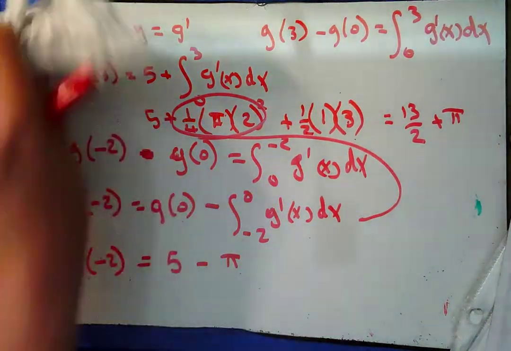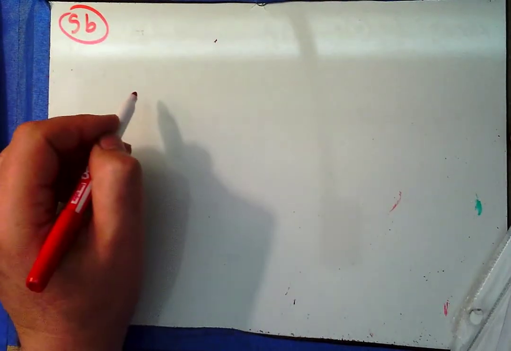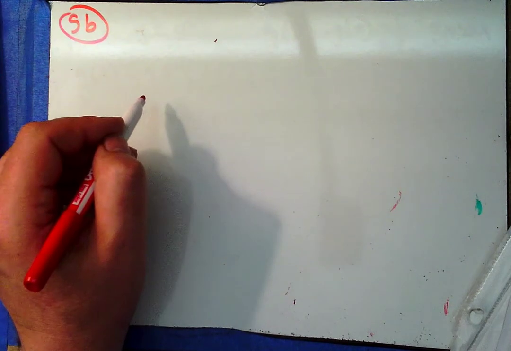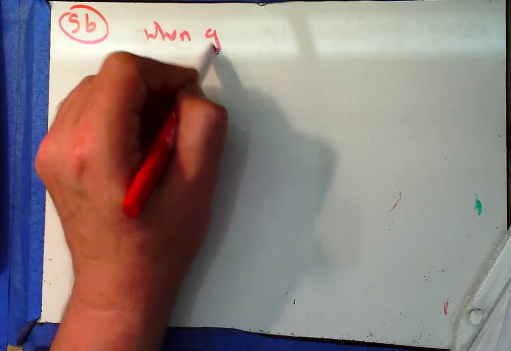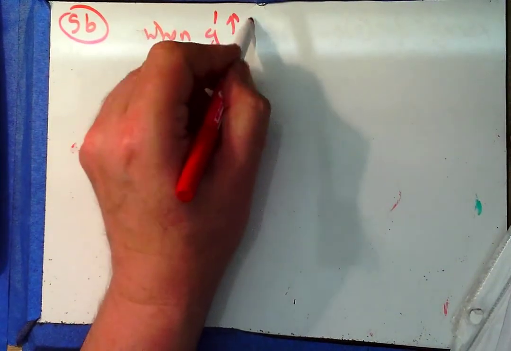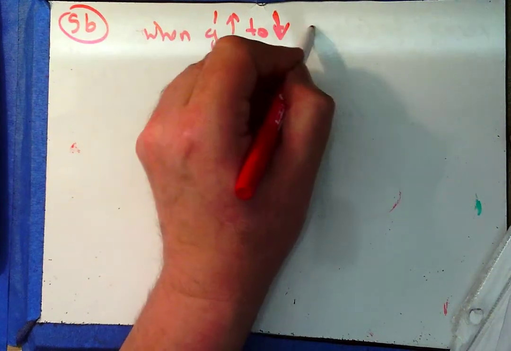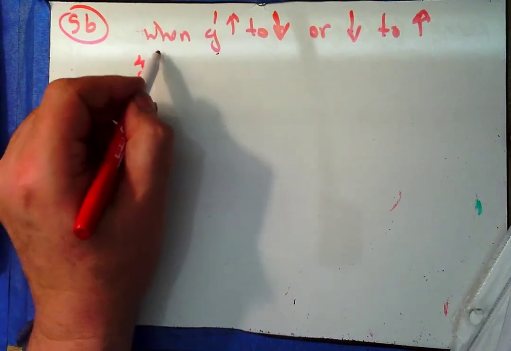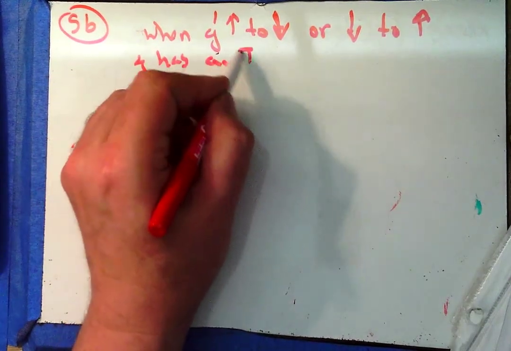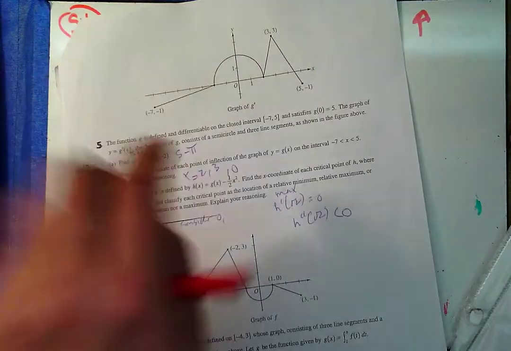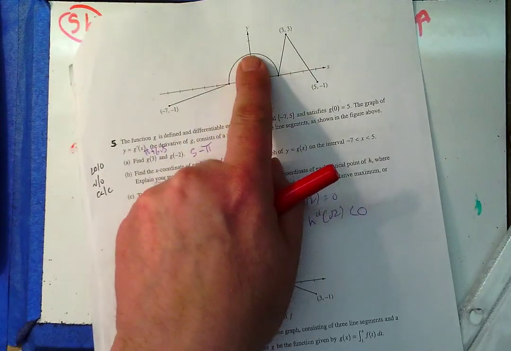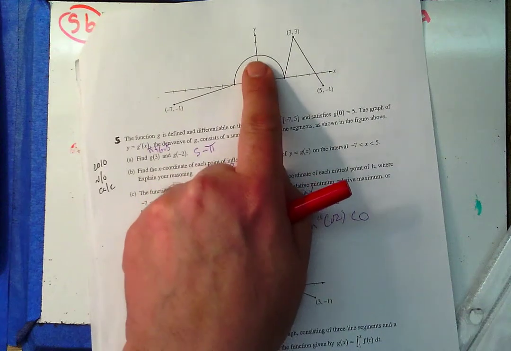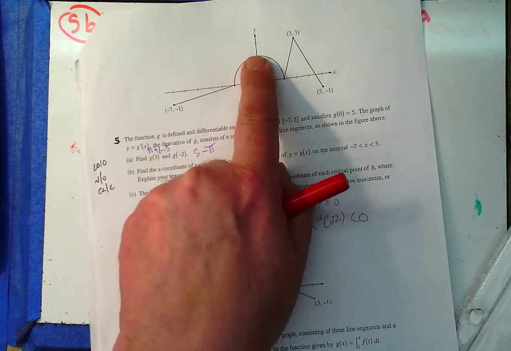Part B for number 5. Find the x-coordinate of each point of inflection on the graph of g. Okay, so when g prime goes from increasing to decreasing or decreasing to increasing, g has an inflection point. So where do we see that happening? Increasing, up, decreasing. There's an inflection point at x equals 0.